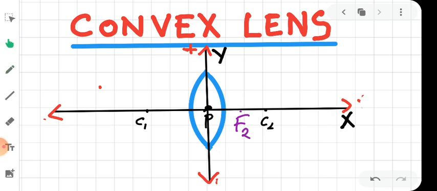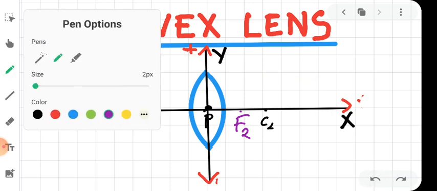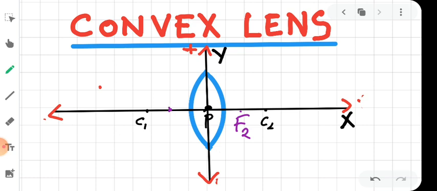Since this is a transparent material, it will pass light through this side as well as through this side. So what about a ray which comes from this side? If the incident ray is coming this way, what will happen? Symmetric to the situation from this side, this ray, if it is traveling parallel to the principal axis, will go through a focus on the other side, and I will call that focus F1, because here I have used C1.